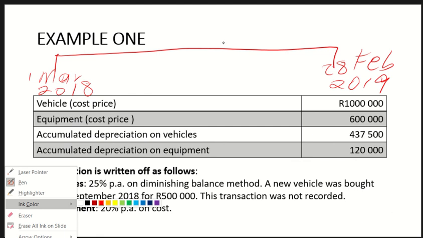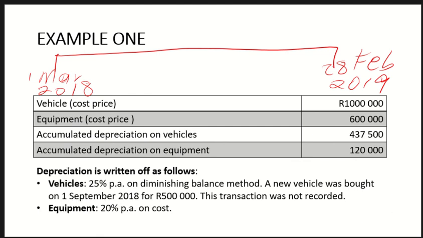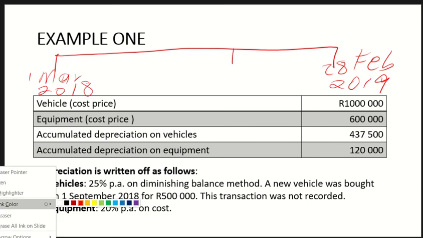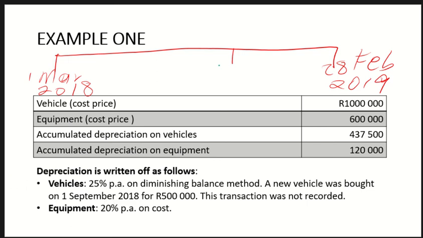A vehicle. Was it on the 1st of September, if I'm not mistaken? So on the 1st of September 2018, we bought another vehicle, and the cost price of that vehicle was 500,000 rand. How many months are left towards the end of the financial year?